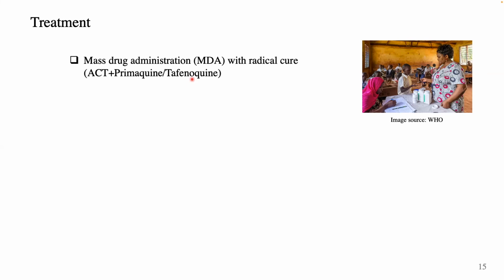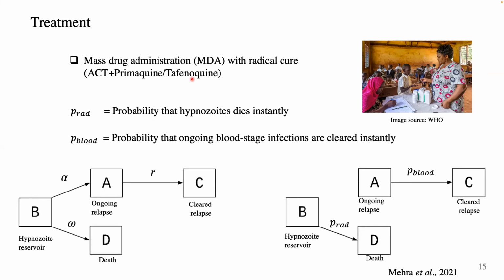That means when the drug is applied, the ACT, the combination of artemisinin drugs, can kill the blood stage parasite instantaneously. So we assume two parameters: P blood, the probability that an ongoing blood stage infection is cured instantly, and P rad, the probability that the hypnozoites die instantaneously.